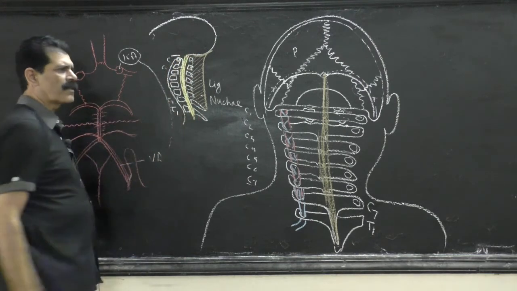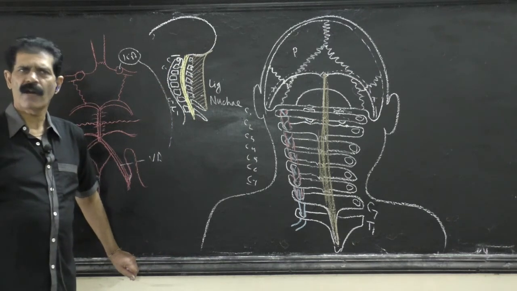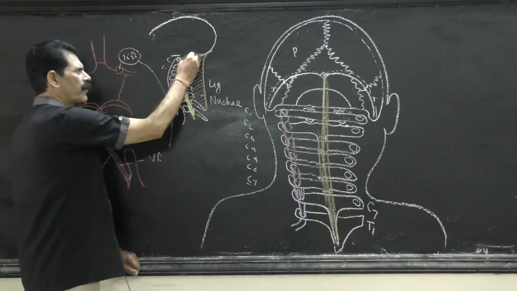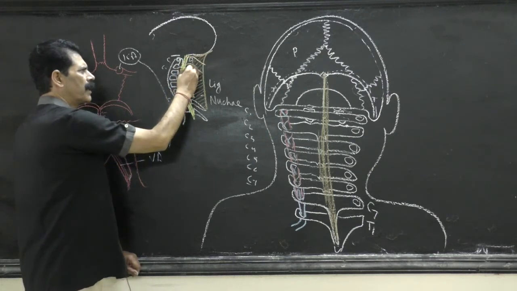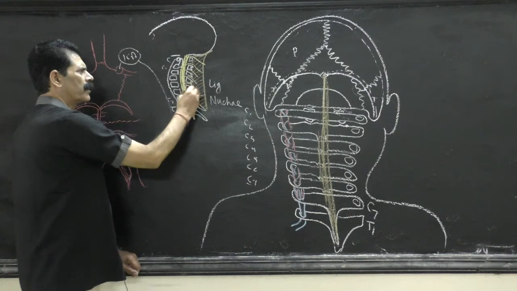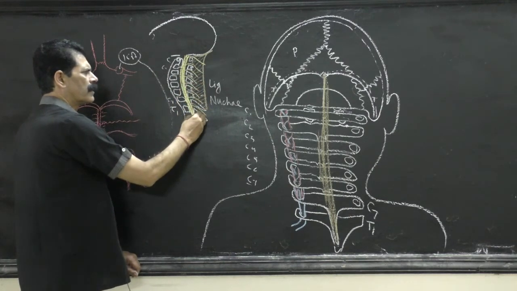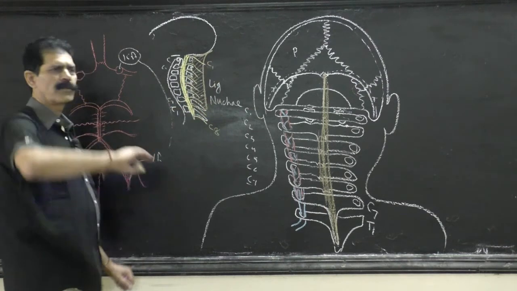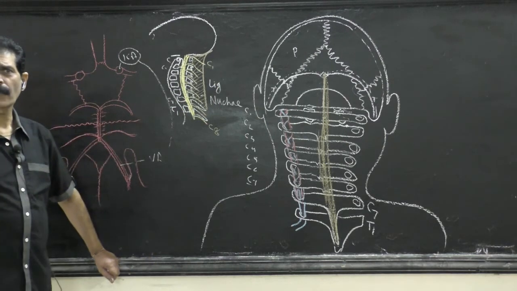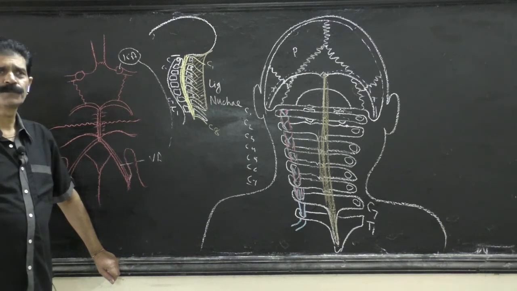And the spinal cord is attached with how many pairs of spinal nerves? 31. C1 arises from above the C1 vertebra, then C2, C3, C4, C5, C6, C7, C8. So the 8 cervical spinal nerves arise from above the vertebra.